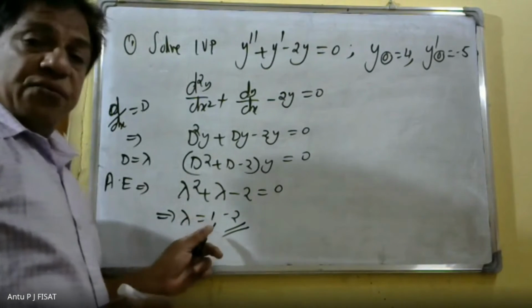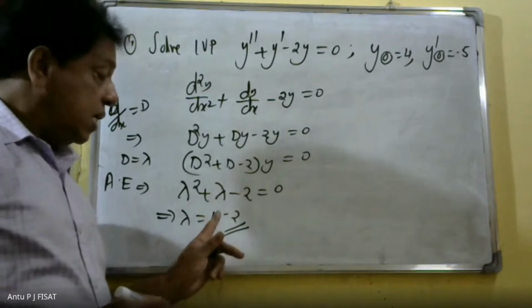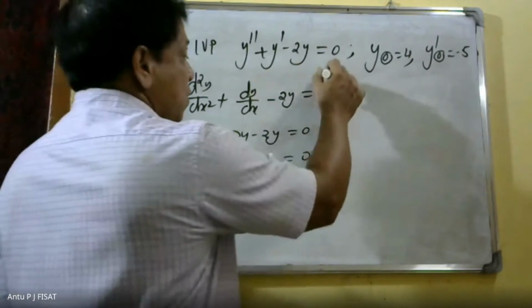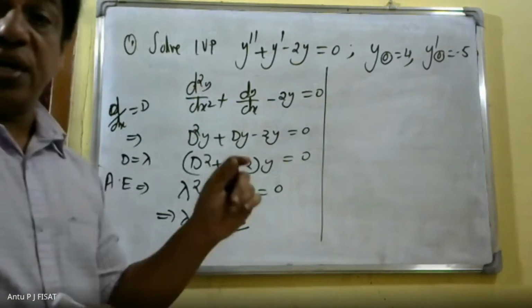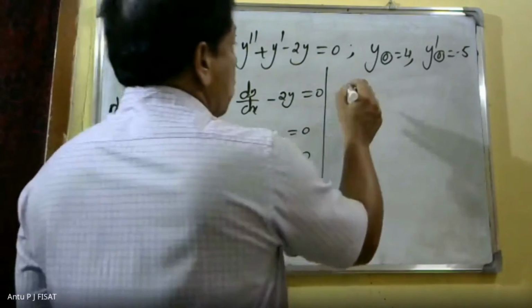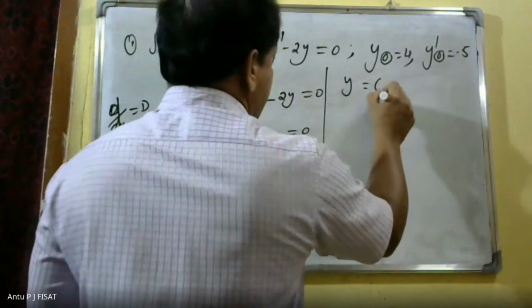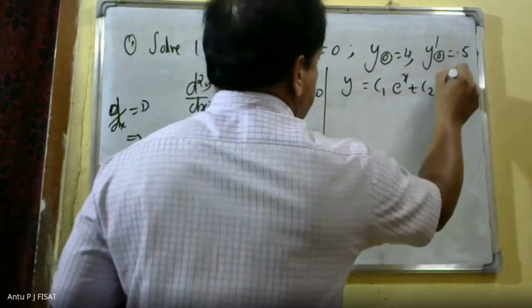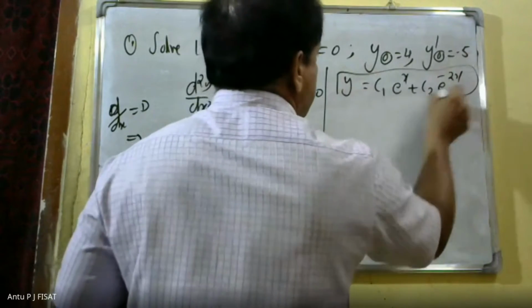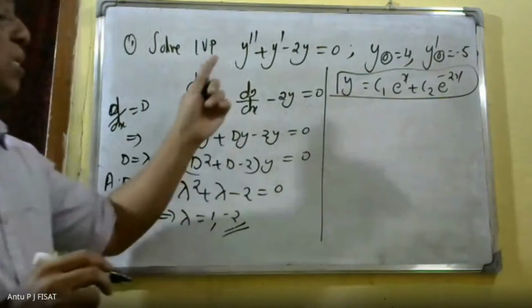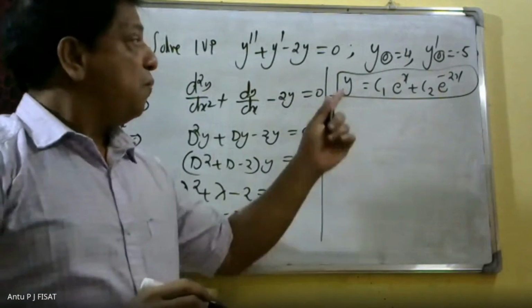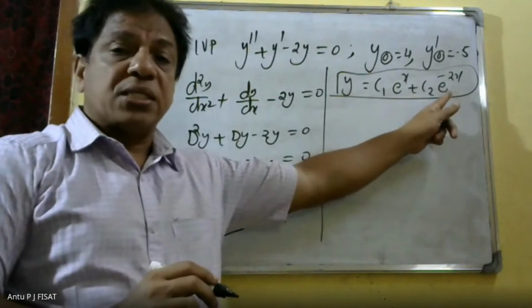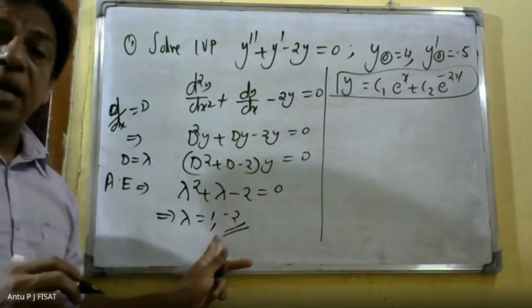Since the roots are real and distinct, we can write the solution as y is equal to c1 into e raised to x plus c2 into e raised to minus 2x. This is known as the solution of this linear differential equation.